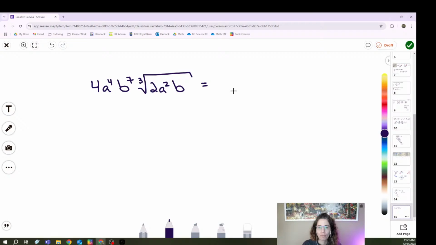So I've got 4 times 4 times 4. I've got to multiply that back into what's here. Yeah. Because we're putting this all under a cube root. Yes, which is going to give us 128 there. Okay, how about our a's?